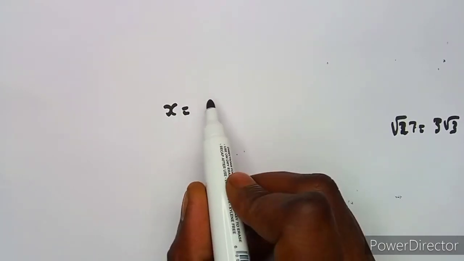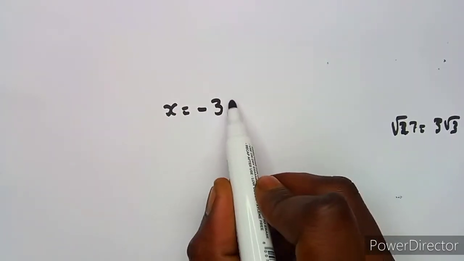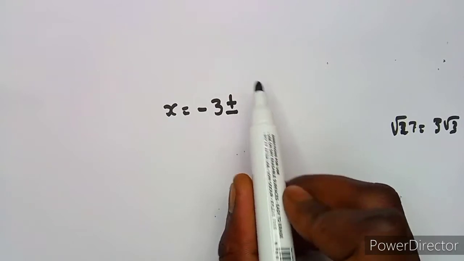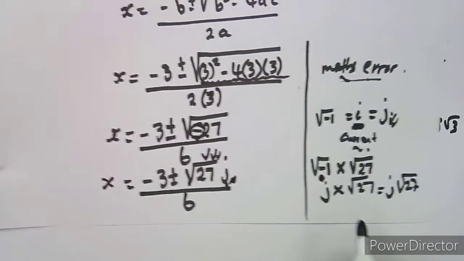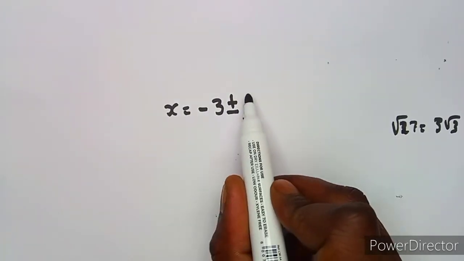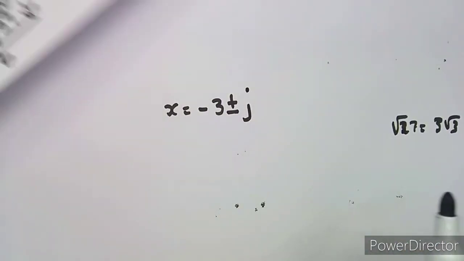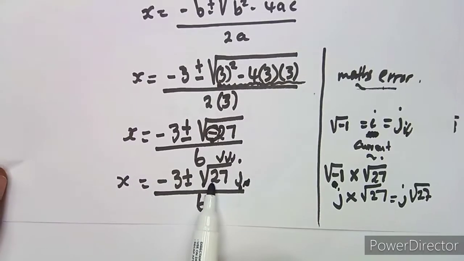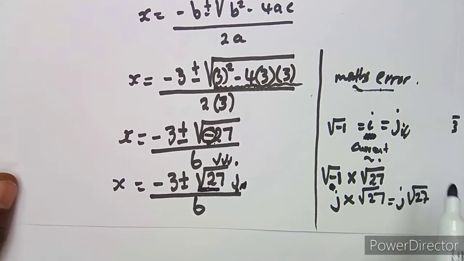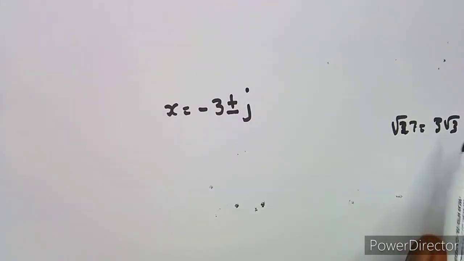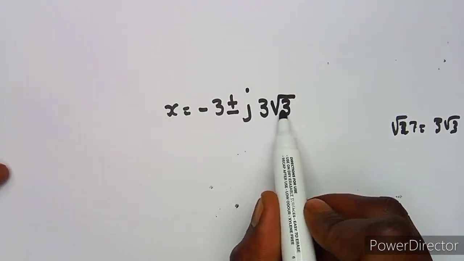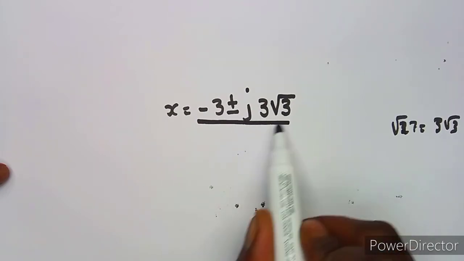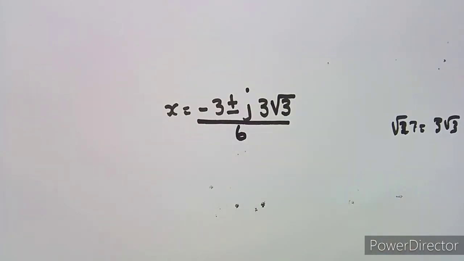X is equivalent to -3 plus or minus, and you can start with the j, or you can write j later on, depending on what you want to do. Now square root of 27 gave us 3 square root of 3, like this. But remember, everything is over 6.